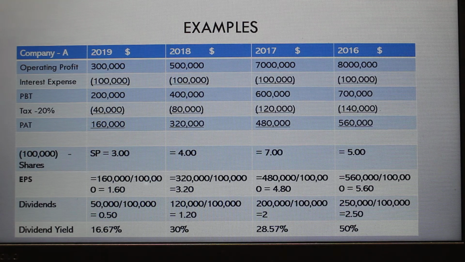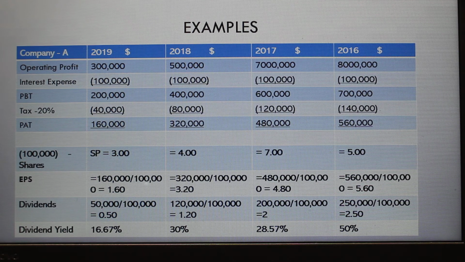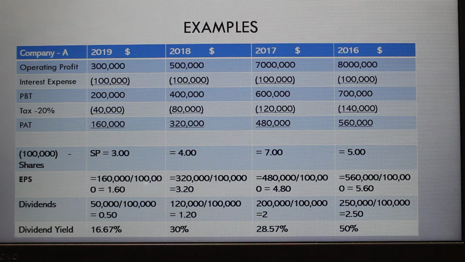However, you would have recovered on the dividend front because you would get $2.50. So in real terms, you would have had an appreciation of 50 cents over the period, adding the dividend that has been given in relation to the drop in the share price.